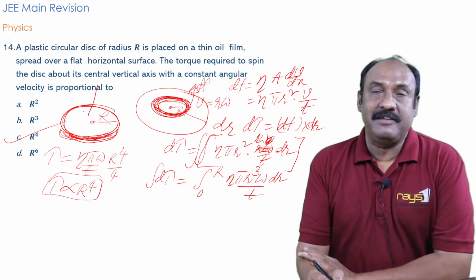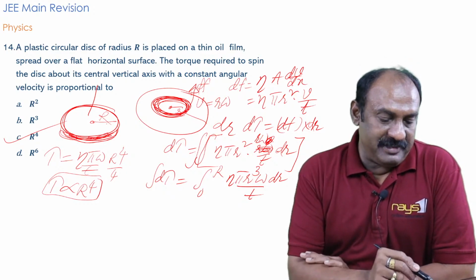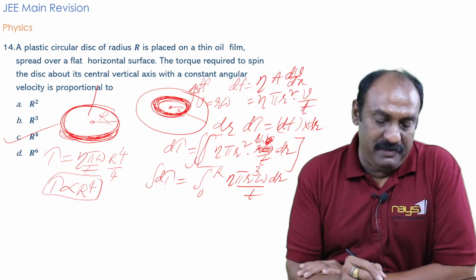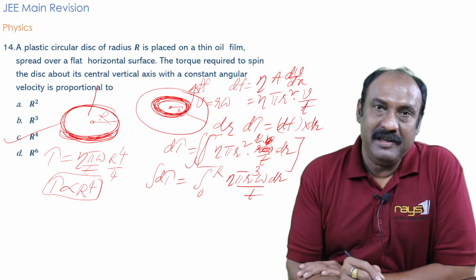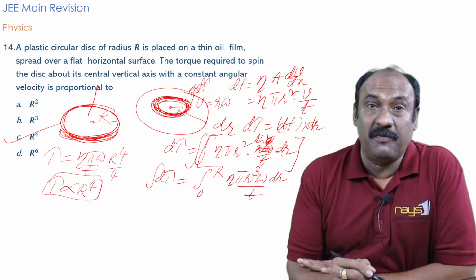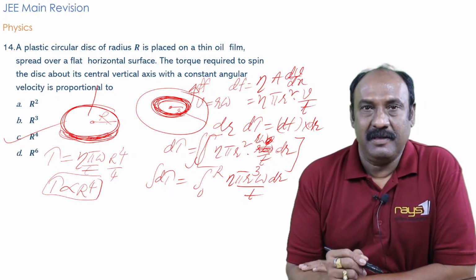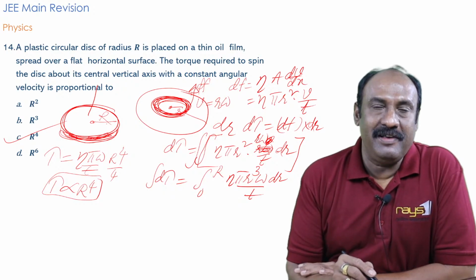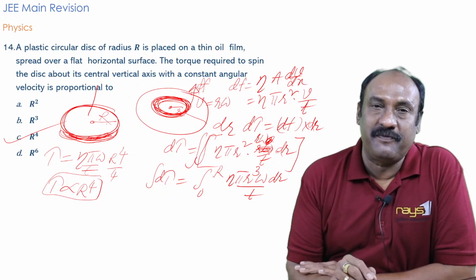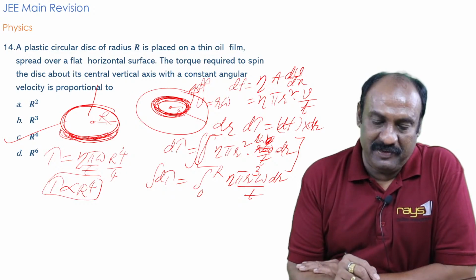So, what I consider, when the plastic circular disc is placed over the oil film, in this case the frictional force will be different. That frictional force is in the form of viscous force here. That viscous force always applies tangential to the upper surface of the liquid.